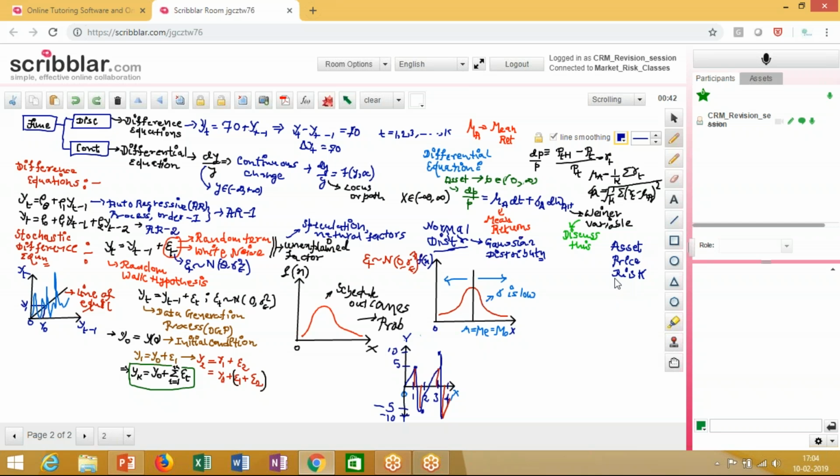So when they invest in these assets, these investments are subject to asset price risk, that is, movements in asset prices.